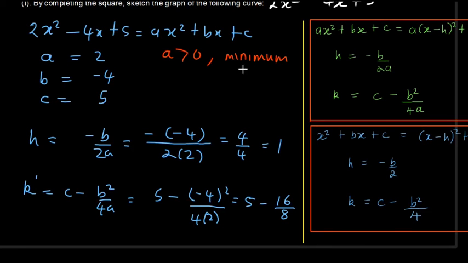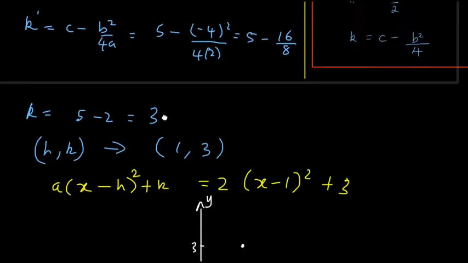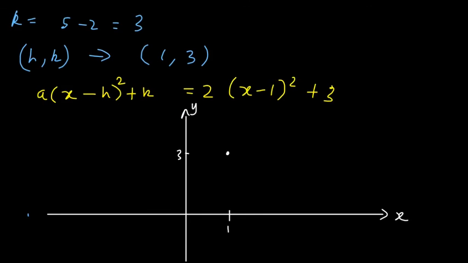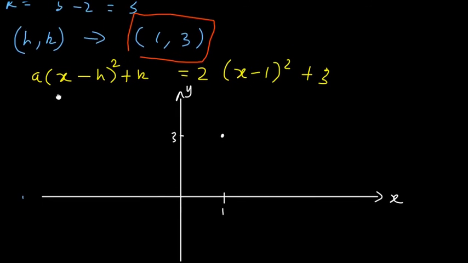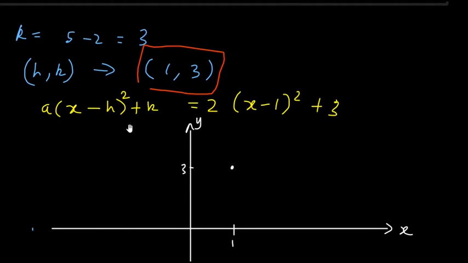The vertex point is the minimum point. So (1, 3) is the minimum point of the graph.